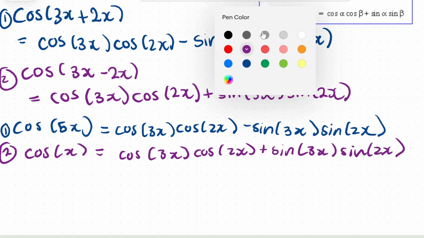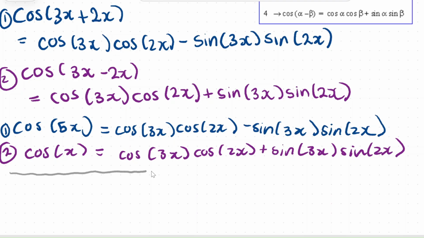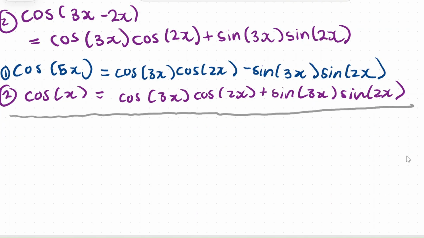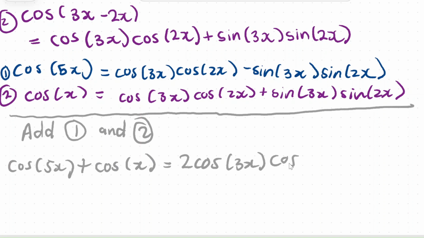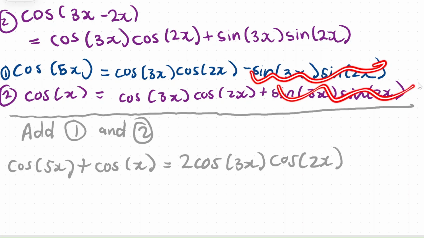What we can do now is try and add both of these terms. So we're going to add 1 and 2. If we add 1 and 2, you're going to get cos 5 of x plus cos of x, and then you're going to get 2 cos 3 of x cos 2 of x, and the sine terms are going to cancel each other out.